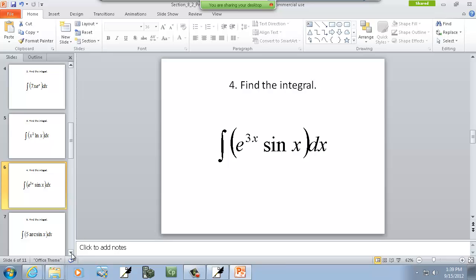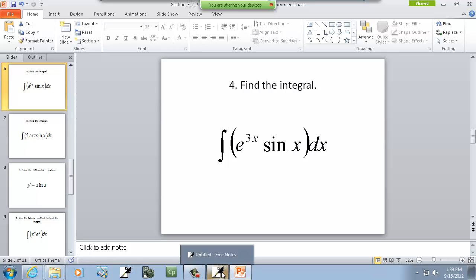Next problem is kind of a long one. So let me start a new page just to make sure I have enough space.